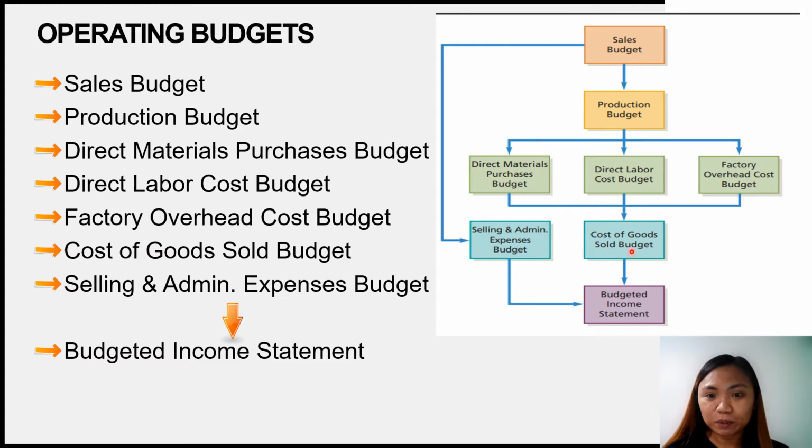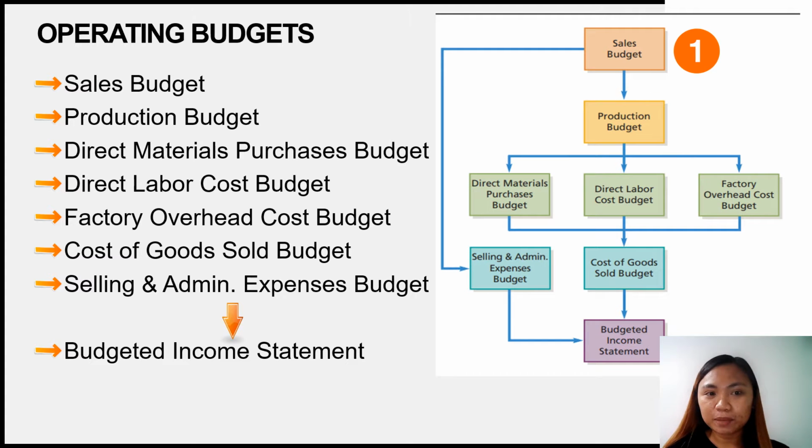And under the cost of goods sold budget, there are also production budget, direct materials purchases budget, direct labor cost budget, a factory overhead cost budget. And so sales less cost of goods sold less selling and admin expenses budget will form the budgeted income statement. So let's talk more about these operating budgets.